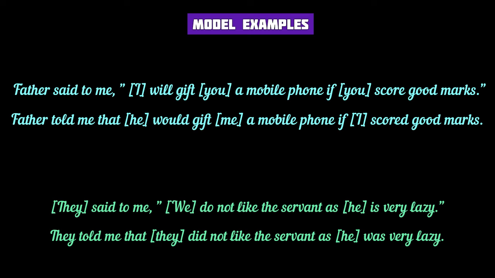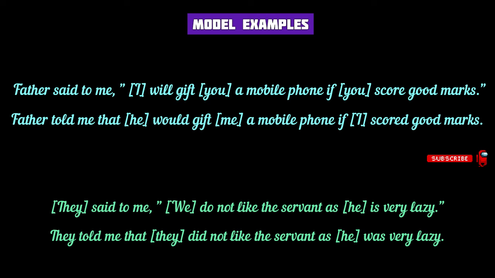Father said to me, "I will give you a mobile phone if you score good marks." Now you see, here in the direct speech, we have three pronouns of two different persons. The first person I and the second person you coming twice. As per the SON formula, for the first person I, we will refer to the subject of the reporting verb, which is a noun, father.